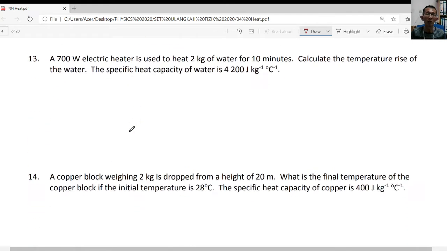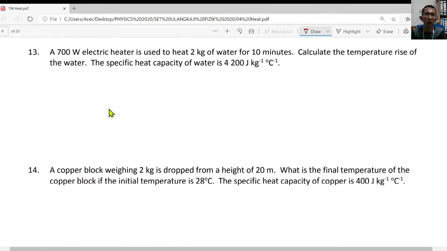We move on. Here we are going to use what we have discussed earlier. I have a 700 watt electric heater used to heat 2 kilograms of water for 10 minutes. Calculate the temperature rise of the water, and you are given the specific heat capacity of water is 4200 joule per kilogram per degree Celsius.